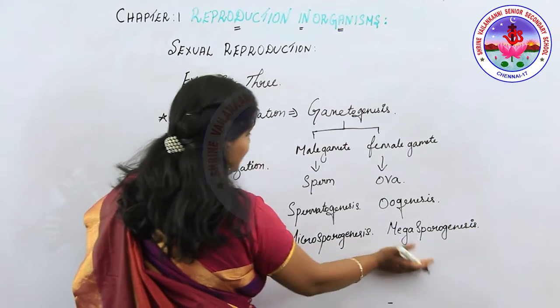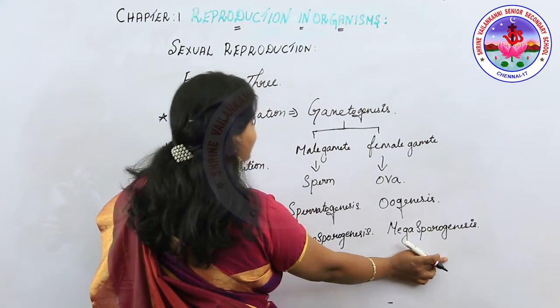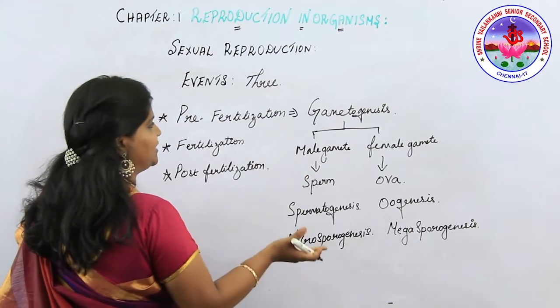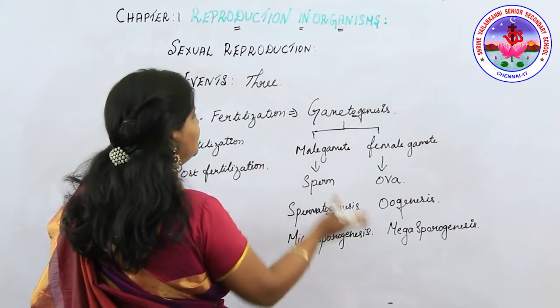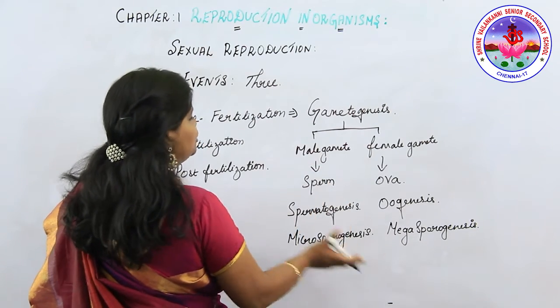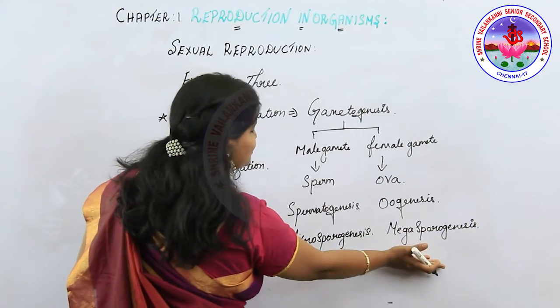In the flowering plant, the female process is megasporogenesis. We will discuss all these in more detail in chapters 2 and 3, including how the developmental stages occur in spermatogenesis, oogenesis, microsporogenesis and megasporogenesis.